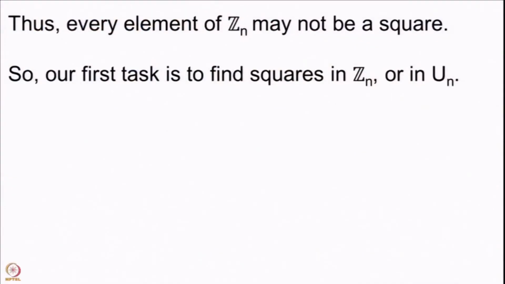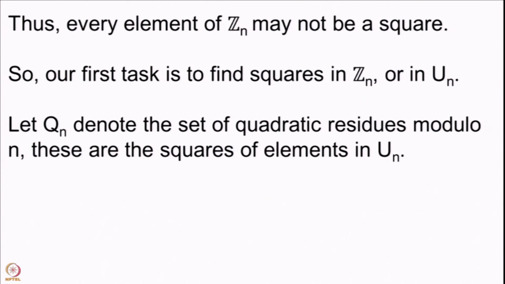We would like to find elements which have square roots in Un. Our task is to find squares in Un. So, we call that set Qn. So, Qn denotes our set of quadratic residues modulo n. These are the squares of elements in Un.